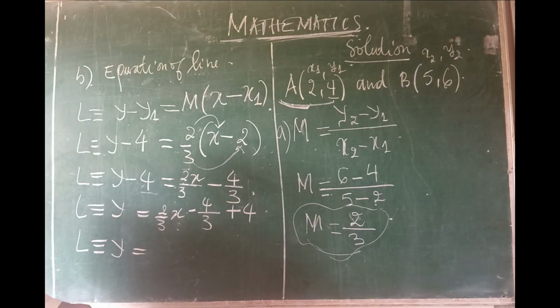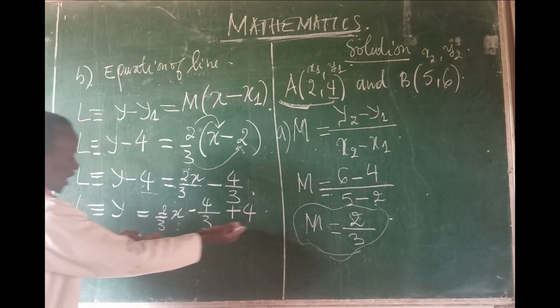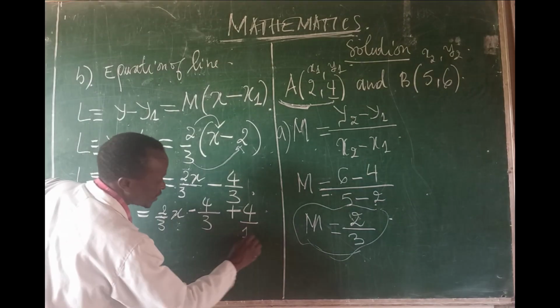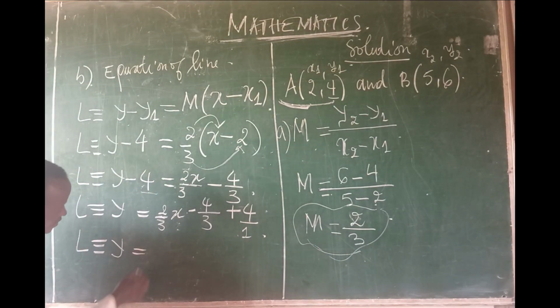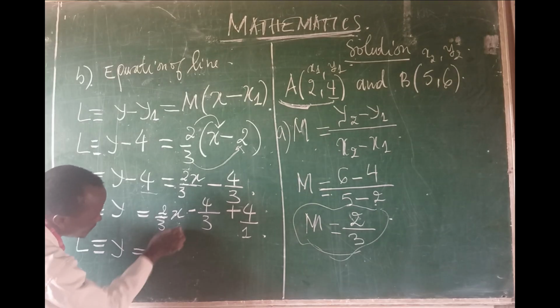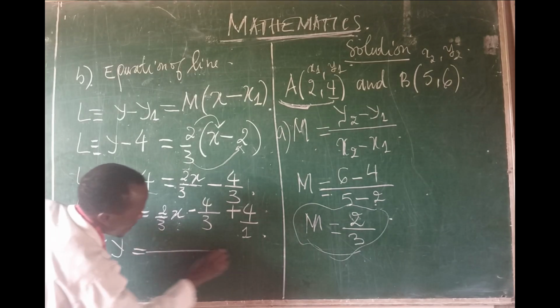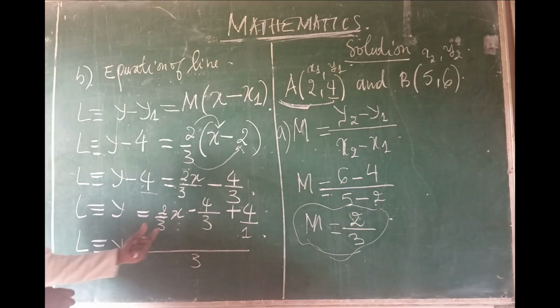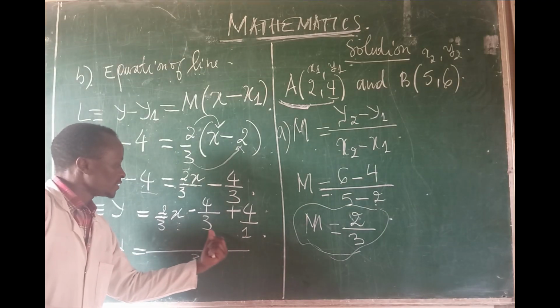So now our line should be y, which is equal to, here it is better to find a common denominator, or you can stay at this step. This is the final answer, but you can also find a common denominator. Let me do this one. We have this common denominator, a number which should be divisible by 3.